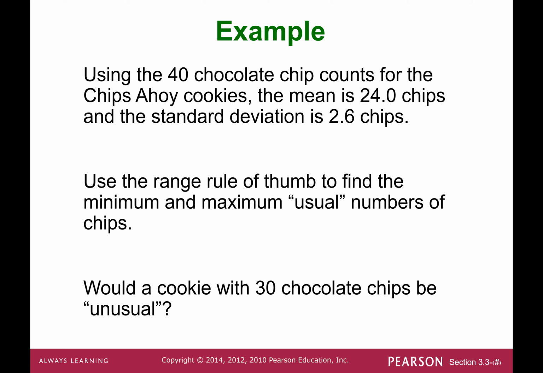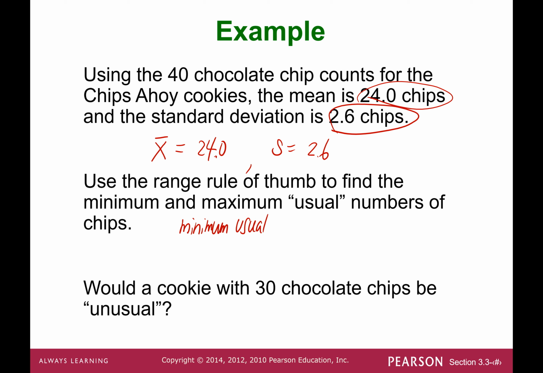Now, using the 40 chocolate chip counts for the chip cookies, the mean is 24 chips and the standard deviation is 2.6 chips. So you can just summarize that: sample mean equals 24.0, and standard deviation equals 2.6. Easily you can find the minimum usual value by using the sample mean minus 2 standard deviations.